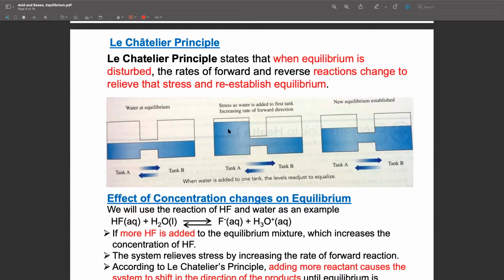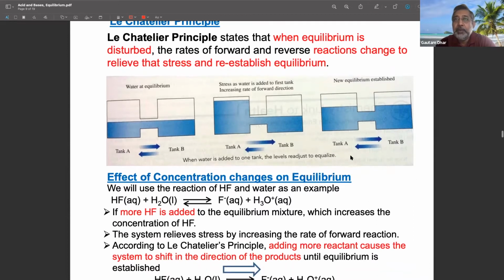So more and more of the reactant will try to make product, and eventually all the A will run into tank B. That means all the reactant will become product as you drain out the product. This is utilized in industry. Very frequently they try to take out the product, so it drives the equilibrium in the forward direction continuously.